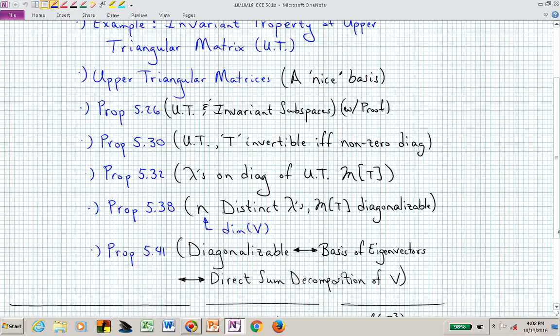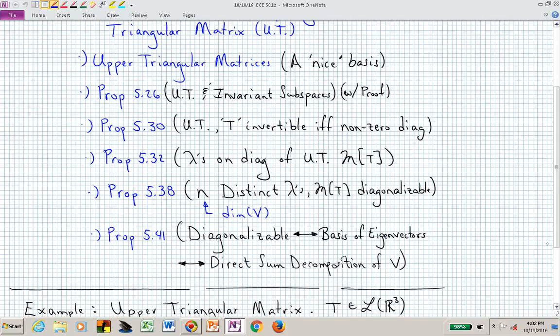If we have n distinct eigenvalues, where n is the dimension of our vector space, then we can actually diagonalize that matrix. That linear operator's matrix representation is diagonalizable, which is even nicer in terms of a representation. Now we don't have any of the coupling off diagonal anywhere.